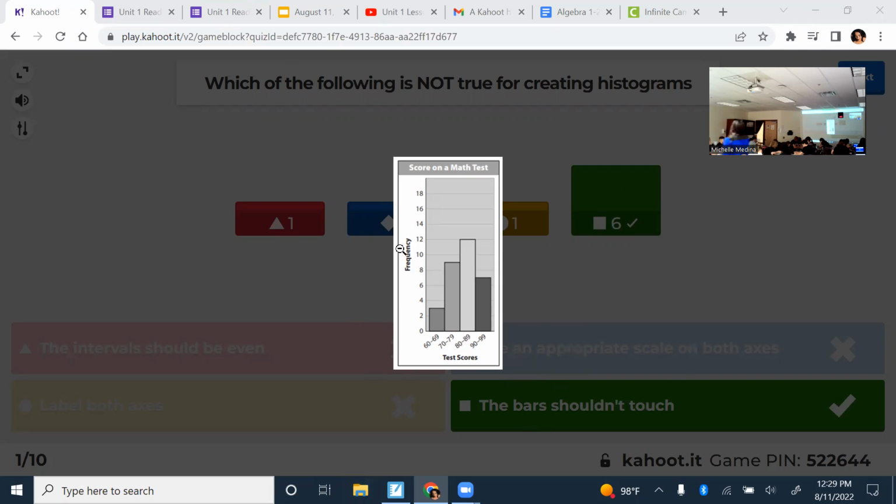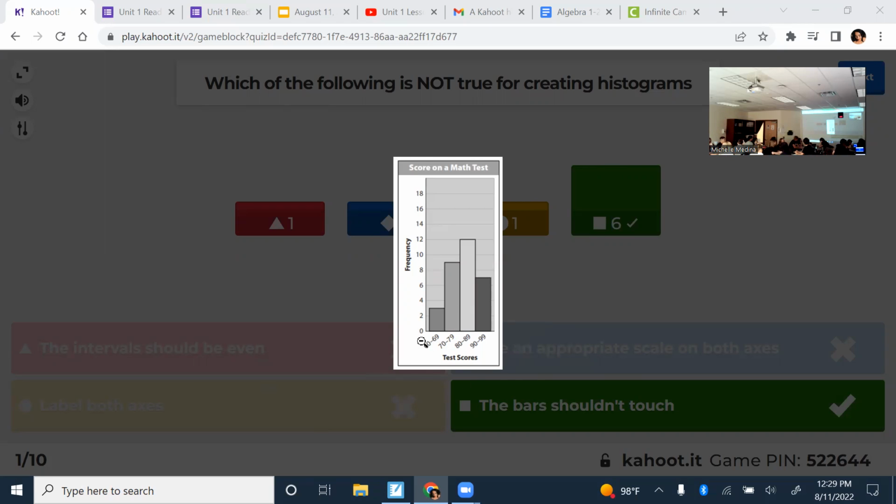Which one's the x-axis, the test scores or the frequency? Is the x-axis horizontal or vertical? The horizontal axis. So on this one, it's test score. That's where your intervals will be.